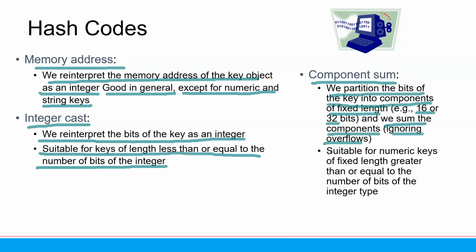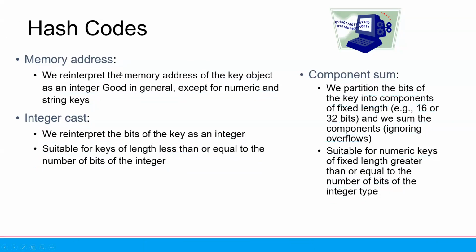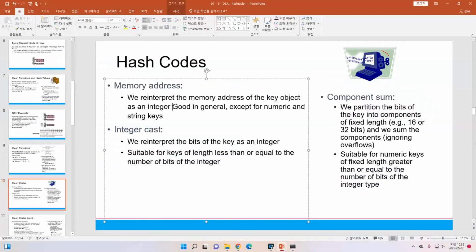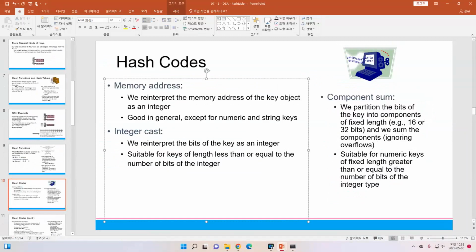It is suitable for numeric keys of fixed length greater than or equal to the number of bits of the integer type. So there are many other kinds of hash codes. I just introduced you to three of these hash codes.